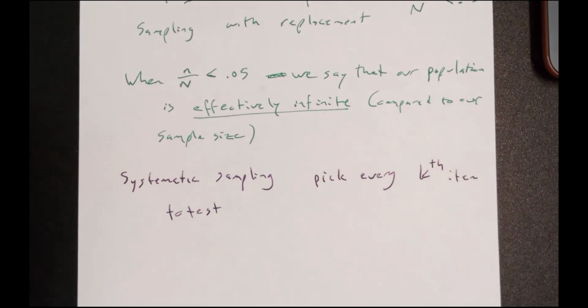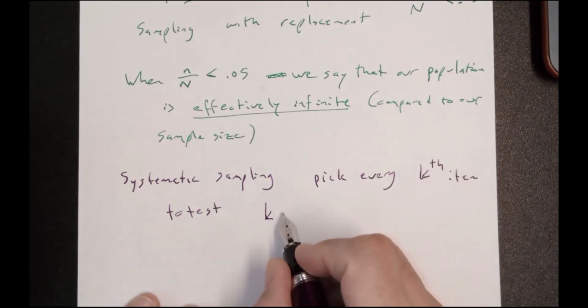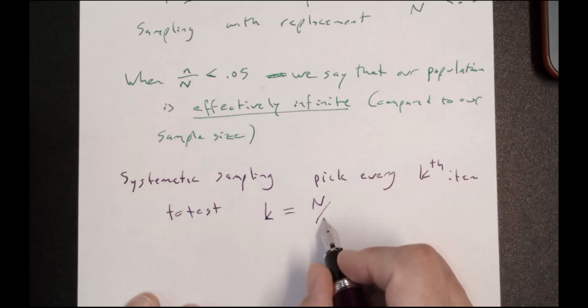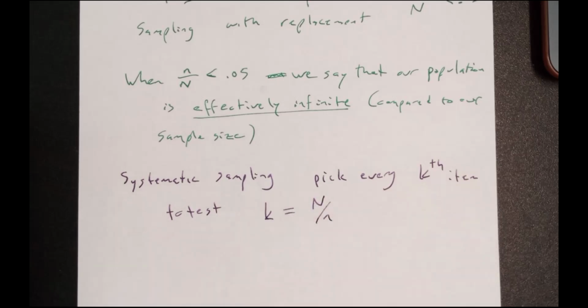Ideally, though, K should be the population divided by the sample size I want. If I want 100 surveys sent out to the people at Seton Hill, there are roughly 1,500 undergraduates here. So I should send out 100. I should pick every 15th person. 1,500 divided by 100, every 15th person.